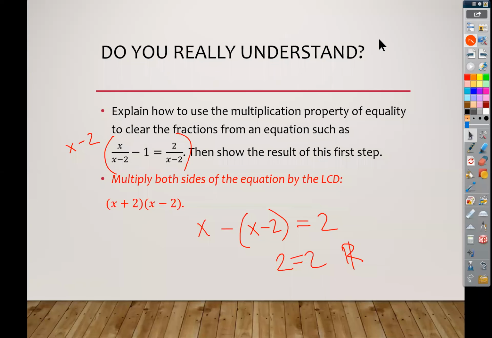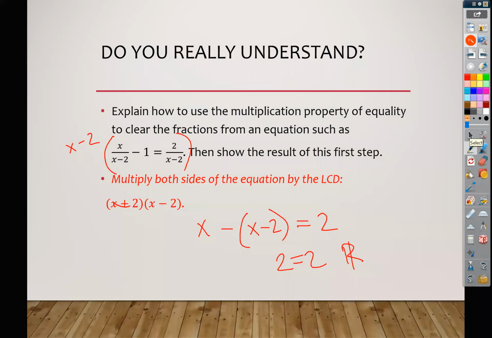Actually, if I multiply both sides by the least common denominator, I would multiply both sides by x minus 2. So I'd actually get this if I did that, and I would get 2 equals 2, which is all reals. So that would mean that anything would work in that equation.